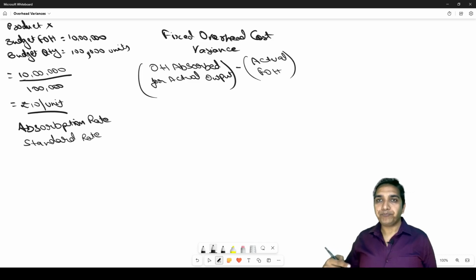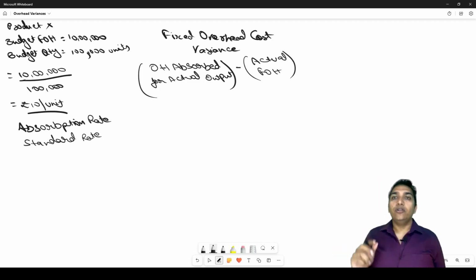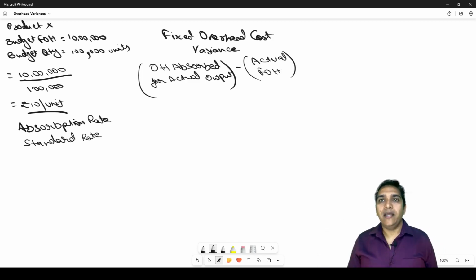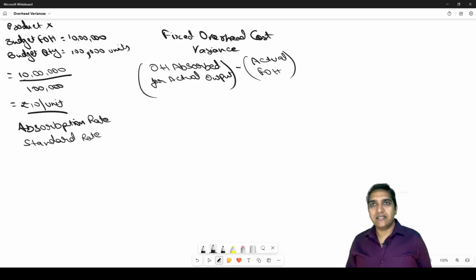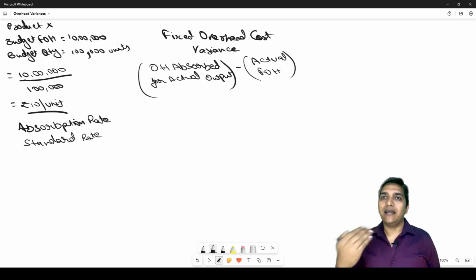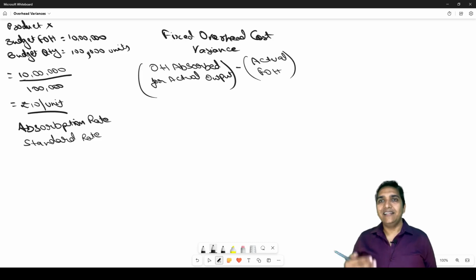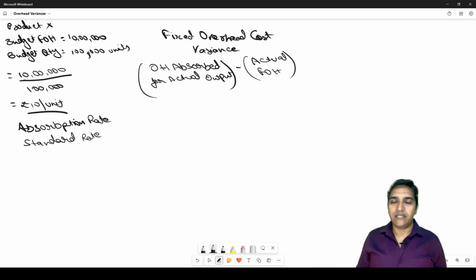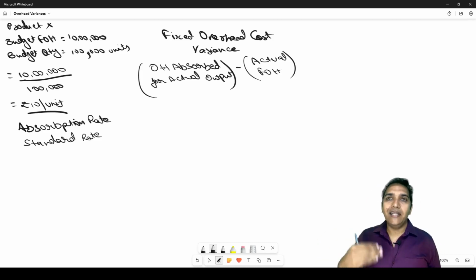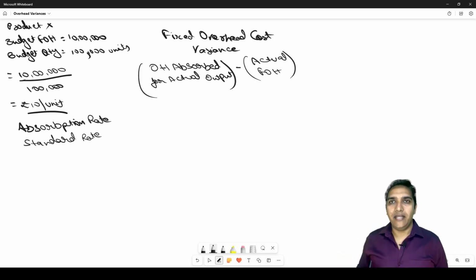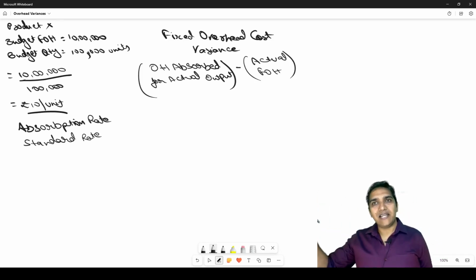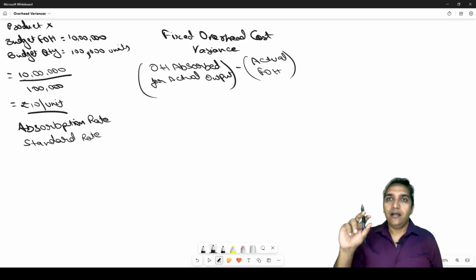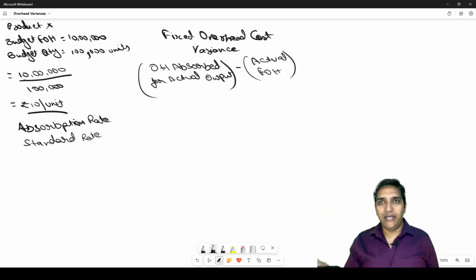of my output. Now, to manufacture any output, there are certain expenses. There are material expenses, there are labor expenses, there are variable overheads, and there are fixed overheads. Now, material, labor, and variable overheads are all variable in nature. So we already have a standard rate for them. We usually incur those costs per unit.